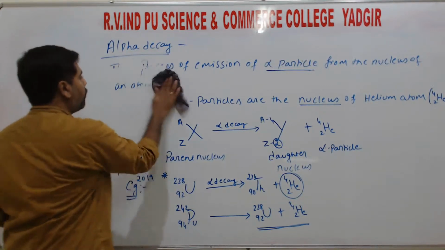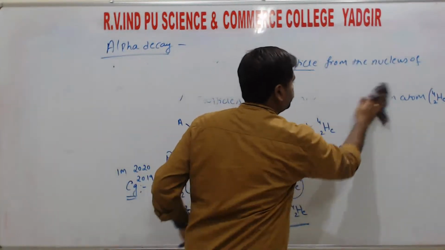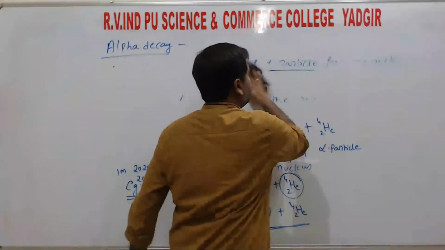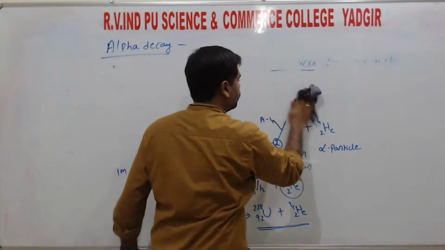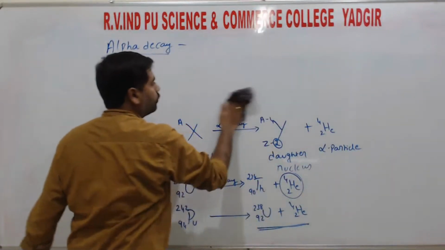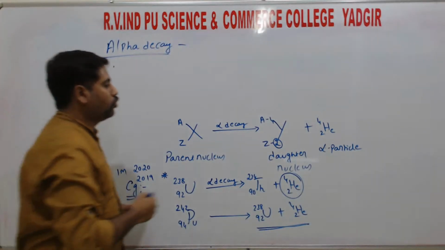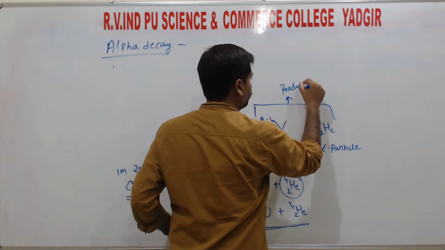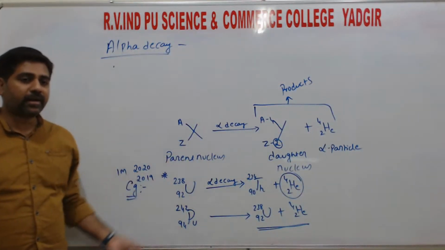So the reason why the alpha decay takes place: these two we call products, as you already know from chemistry, reactants and products.